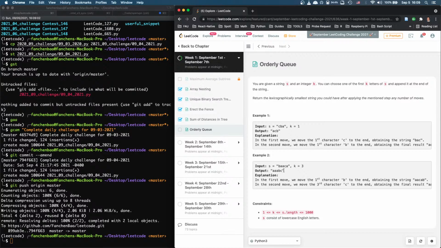Oh, hold on. The front is not a deck. The front is not a deck, because we can pick any one.